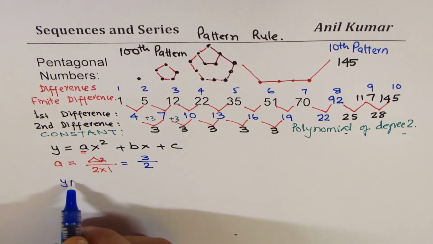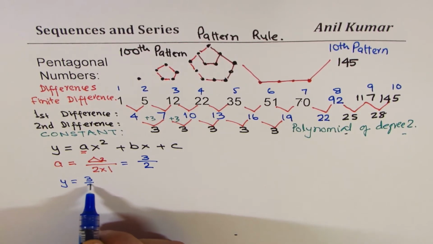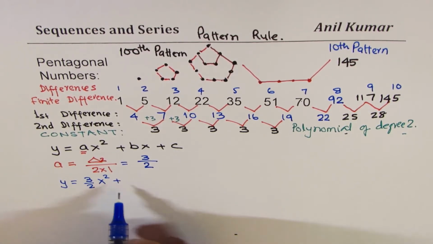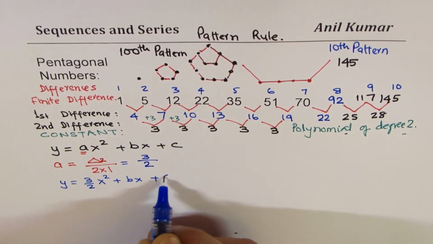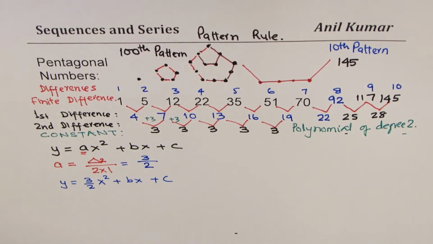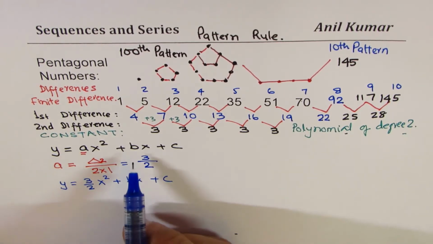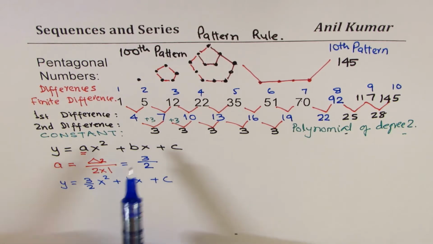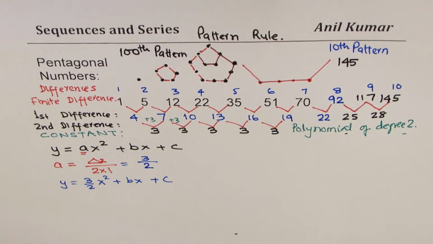So we can say the equation is y equals 3 over 2 x squared plus bx plus c. Now, how do we find b and c? That's a big deal. To find b and c, we have to use at least 2 equations, correct?